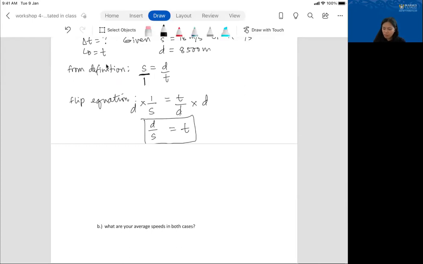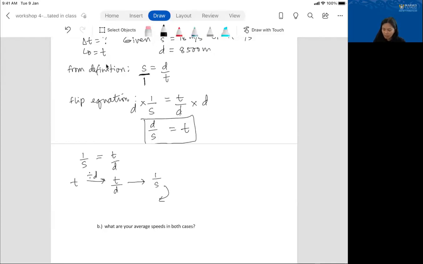Yeah, you can also do the building up and tearing down after you flip the equation. So after you flip the equation, that's 1 over s is equal to t over d. You build the equation starting from what you want to isolate, t. You divide that by d, you have t over d, and that gives you 1 over s.